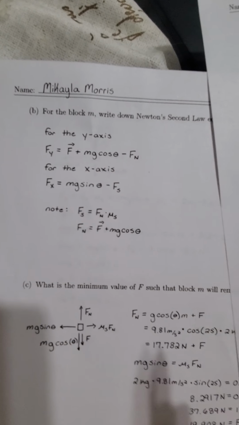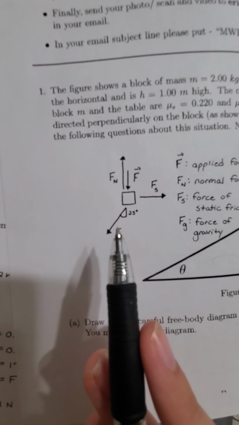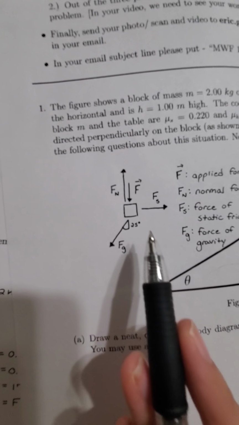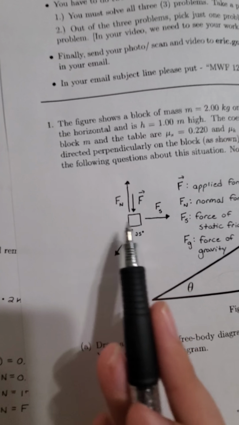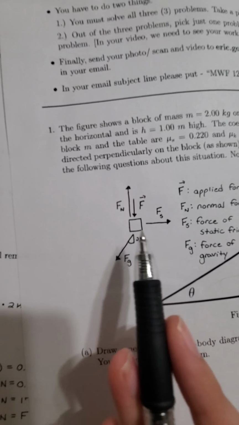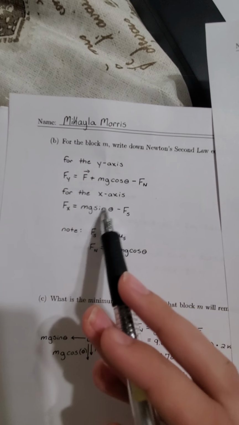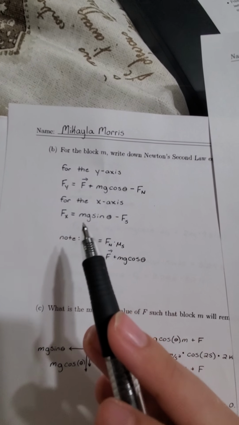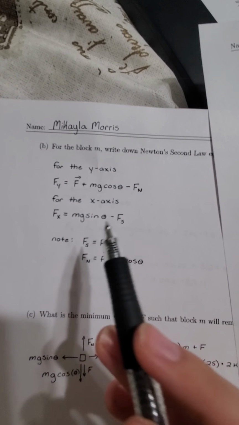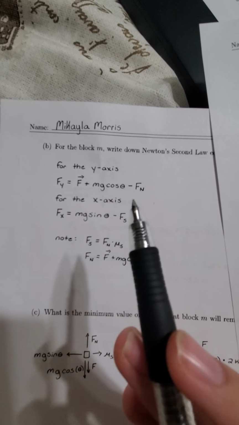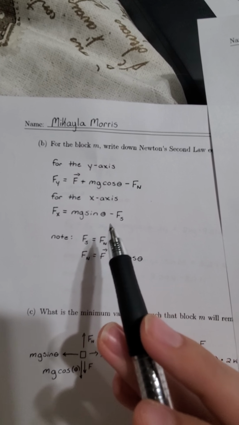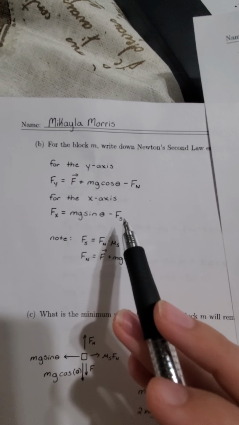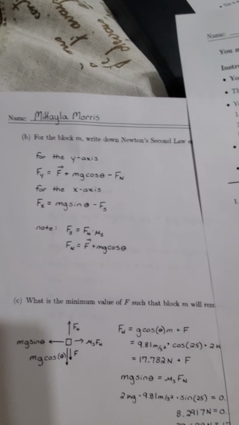And then for the x-axis, we would have the force of gravity, mass times gravity, times the sine of 25 to get the part of it that goes this way. Did I say cosine? I don't know if I did, but I meant sine. Minus the force of static friction.